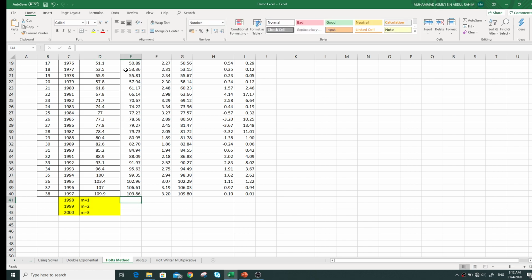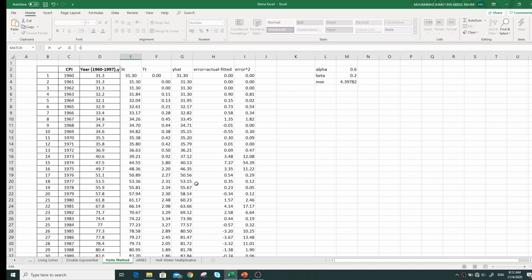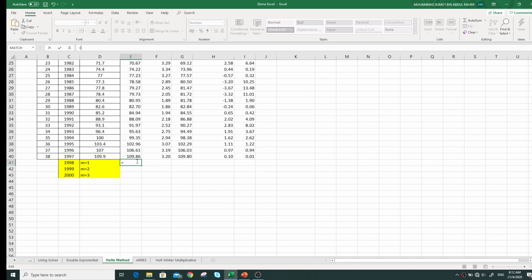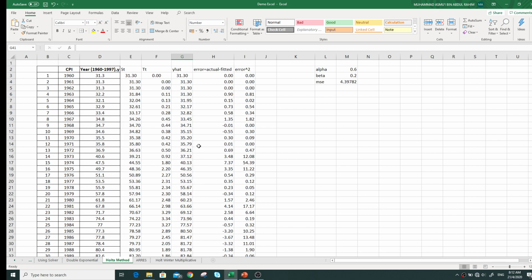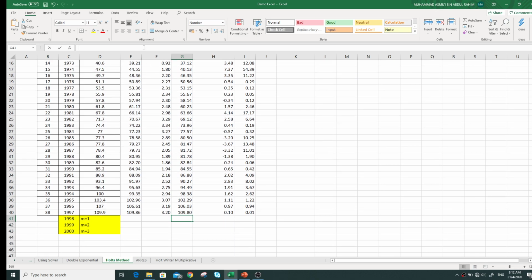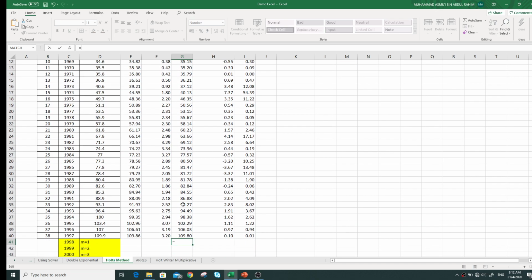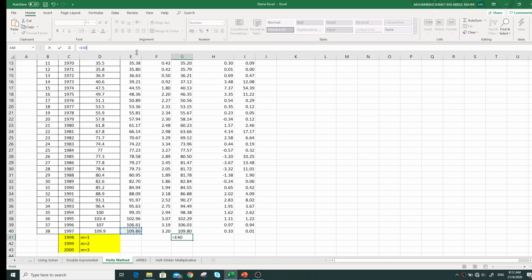So the formula is, I prefer to refer to Y hat here, equals S_t plus T_t times 1. This is your forecast value.